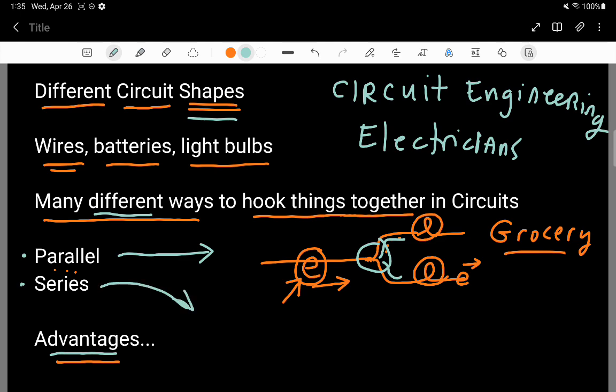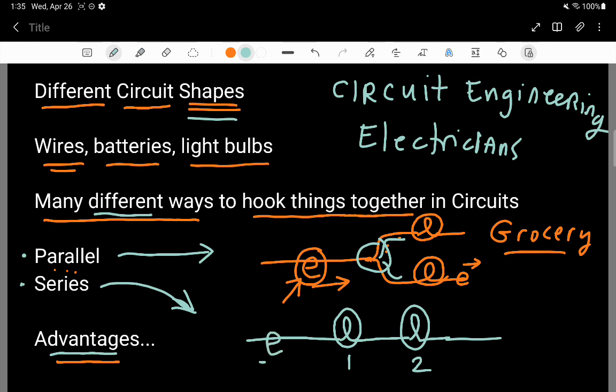This is in contrast to the series case. So in the series case, here's a wire, and along the wire is a light bulb. And after light bulb number 1, there is another light bulb number 2. And if you consider an electron that has to go towards the right, it's going to first go through number 1 and then through number 2, and then it's just going to keep on going, right?